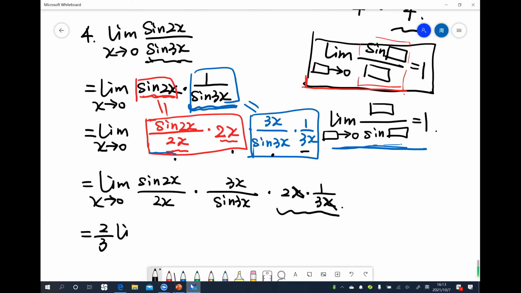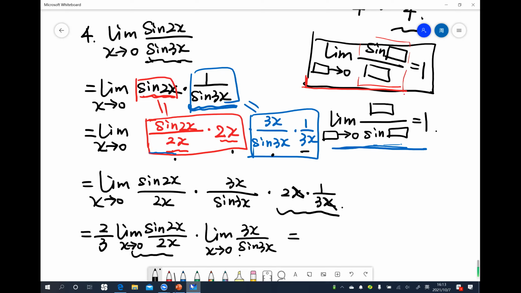And next, we can write, that is limit sine 2x by 2x, x approaches 0, and times limit 3x by sine 3x as x approaches 0, right, guys? And this limit is 1.